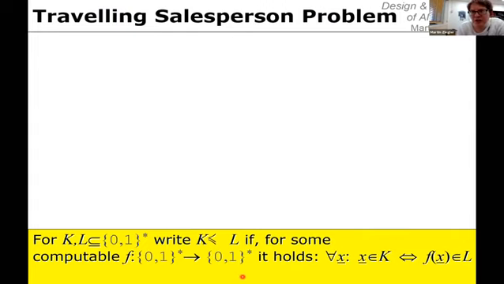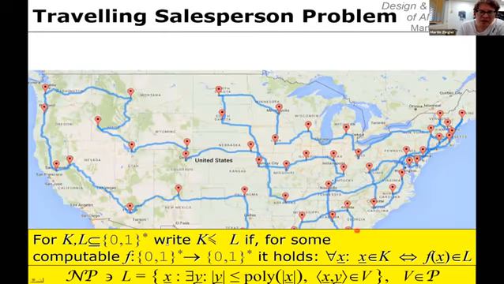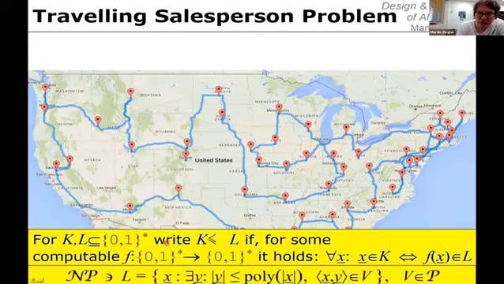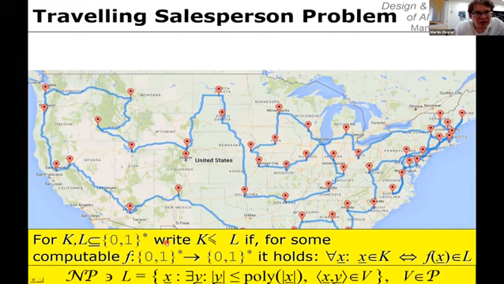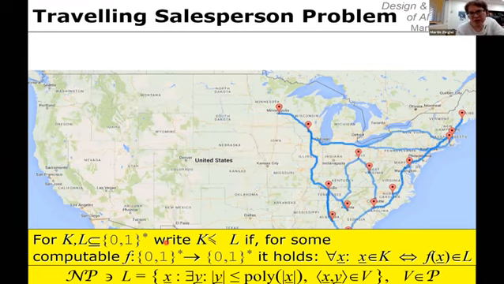Let's now consider two decision, or rather approximation, problems. The first is the traveling salesperson problem. Imagine you're a traveling salesperson living in the United States, and you're supposed to tour all the major cities in the United States and try to sell your product.